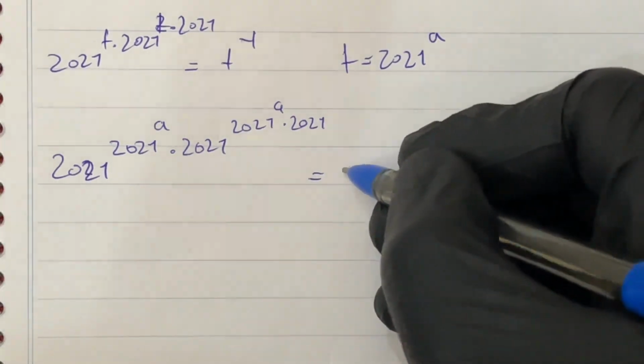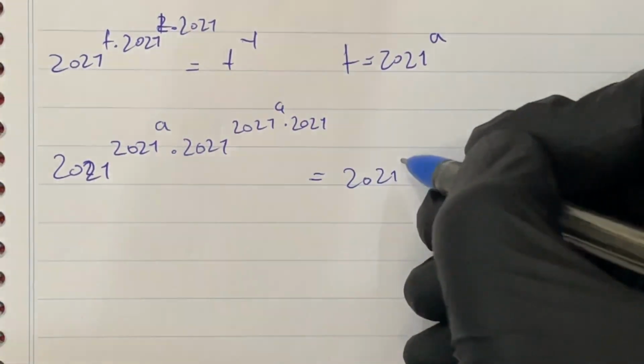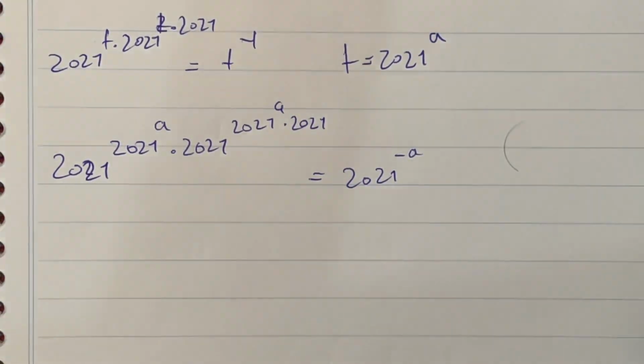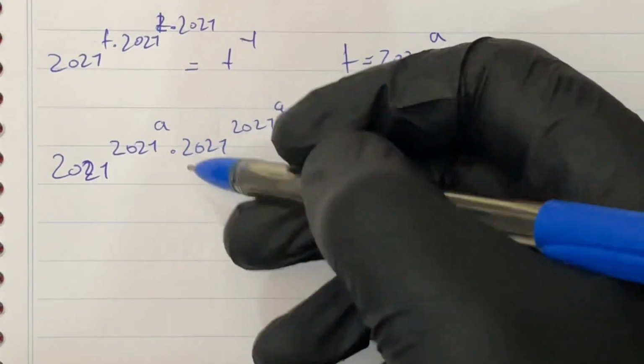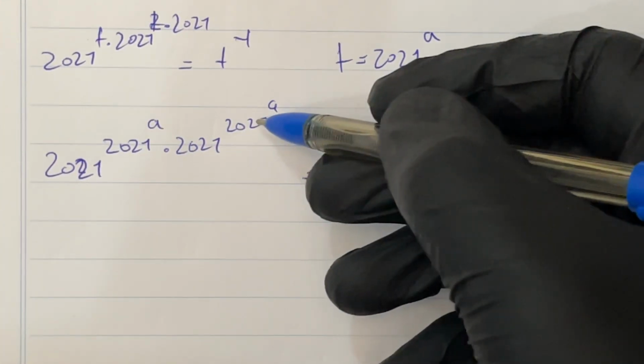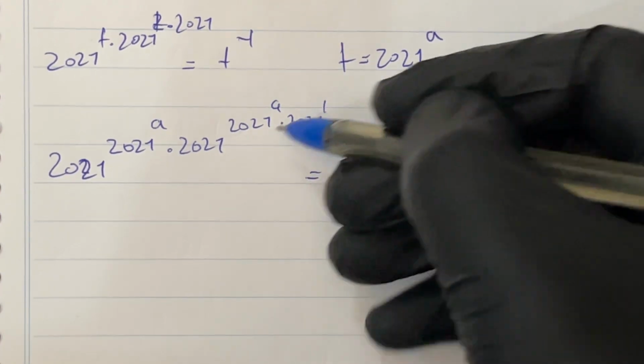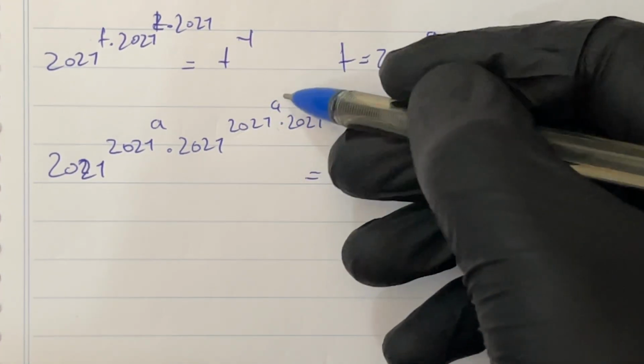This equals 2021 to the power of -a. And so here, if you simplify this a bit, this would be 2021 to the power of a plus 1.